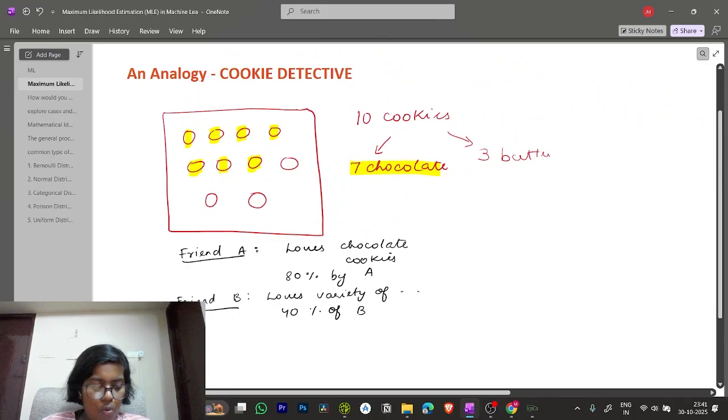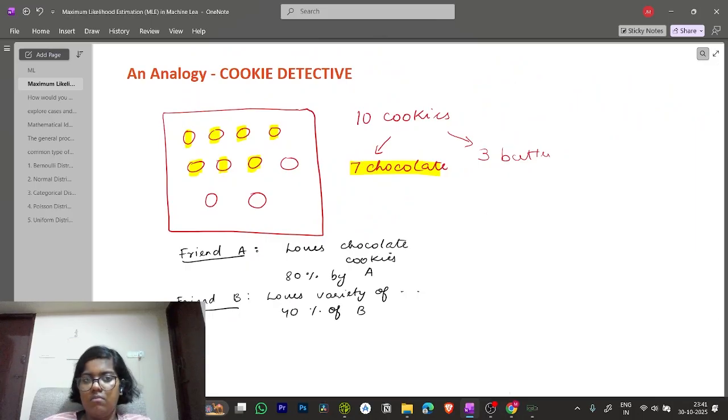What is the probability that the 7 chocolate cookies were made by A or by B? How will you find this out?